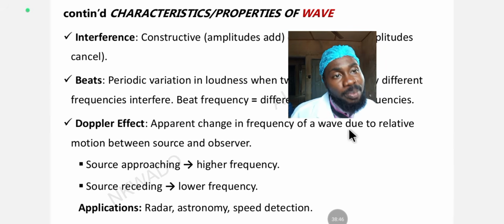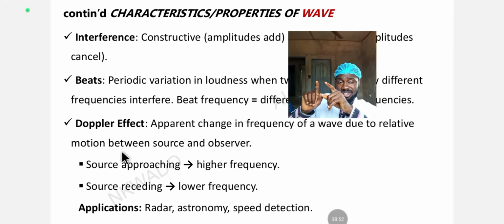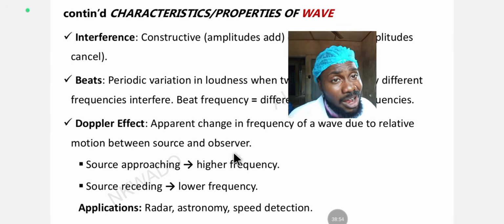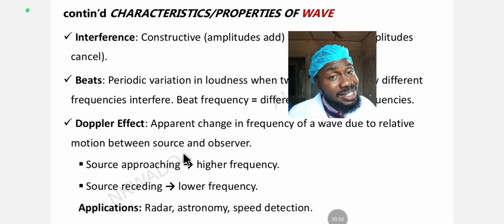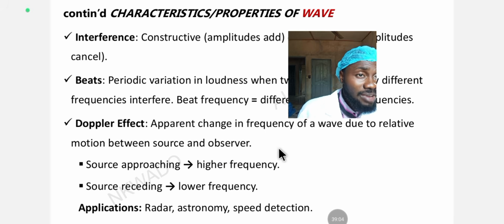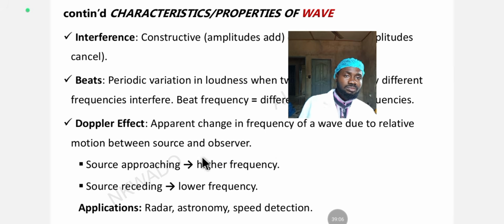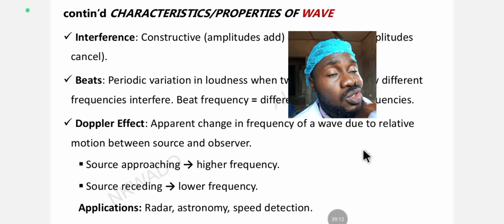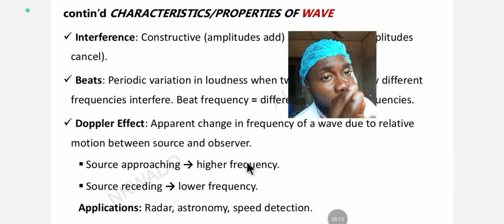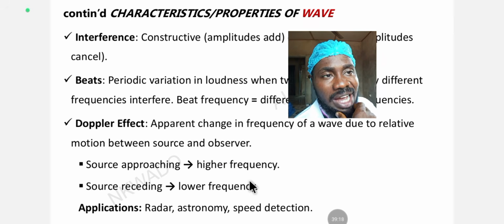This change in frequency happens due to the relative motion, that's the motion of two bodies, because you are comparing one with another. Why is it relative? Because it's between the source and the observer.